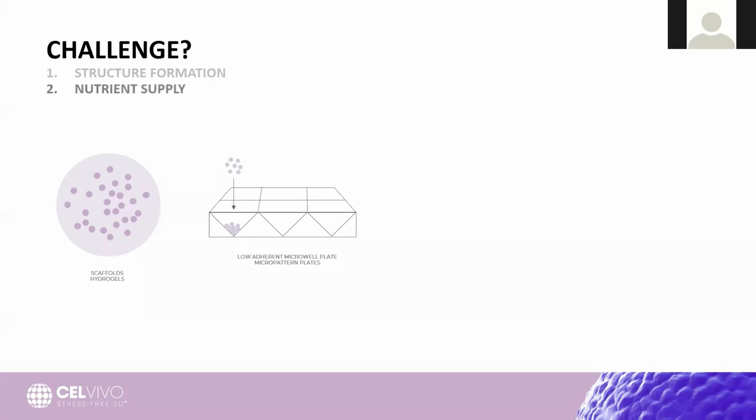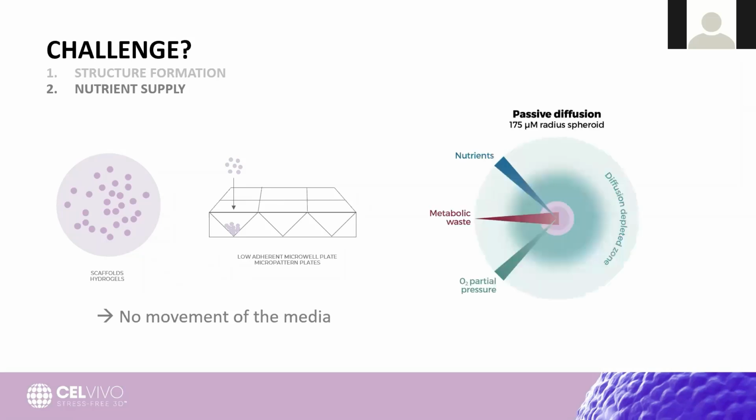However, there is a problem with these, because how do you make sure that there's enough nutrient supply for your cells? In these things, they're very static, so you don't have any movement of the media. And the direct consequence of this is that your constructs will experience passive diffusion.